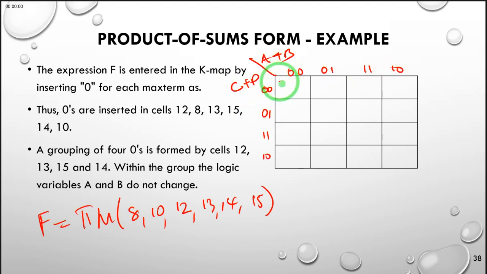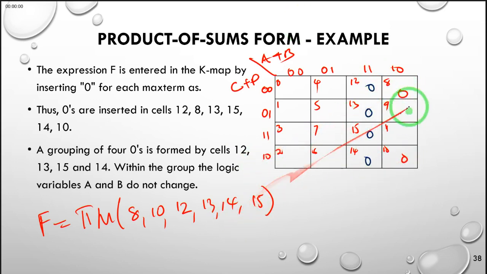Let's first of all name the cells 0, 1, 2, 3, 8, 9, 12, 13, 14, and 15. So we put the cells 8 as 0, 9 as 0, 10 as 0, and 11 as 0. We don't have a 0 in 11. 8, 10, 12. So these are the zeros we have that represent our example.